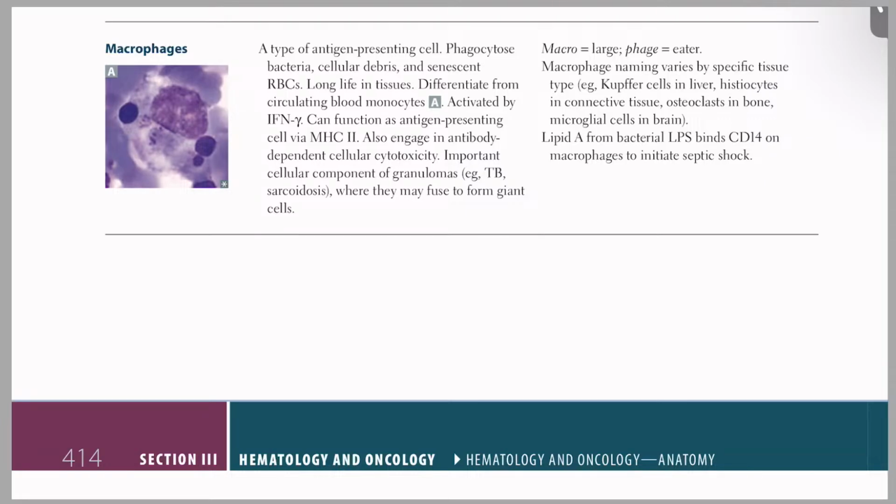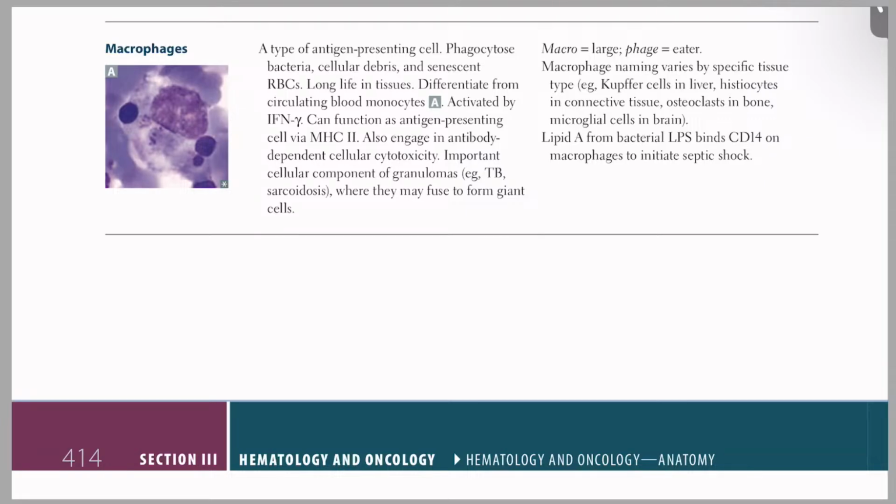Long life in tissues, differentiate from circulating blood monocytes shown in image A, activated by IFN gamma. Can function as antigen presenting cell via MHC2, also engage in antibody dependent cellular cytotoxicity.